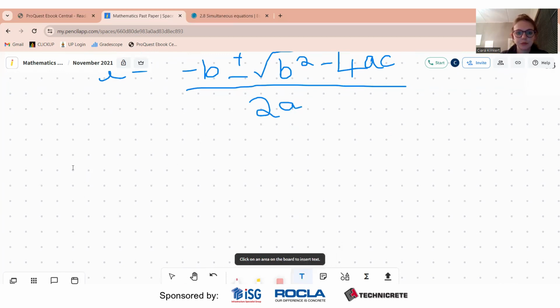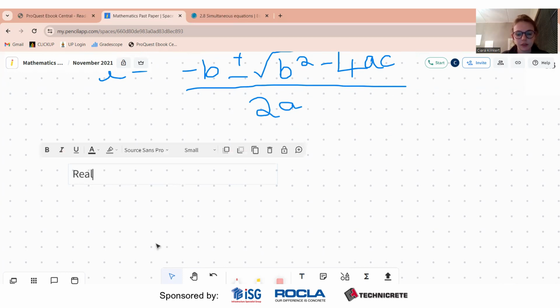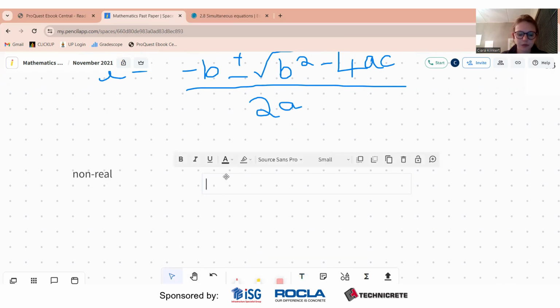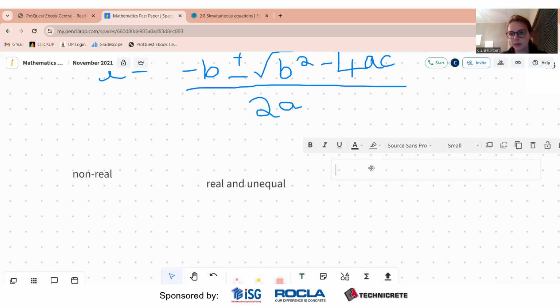X can either be non-real, or the x values can be real and unequal, or these roots, x solutions, can be real and equal, i.e., we only have one root.